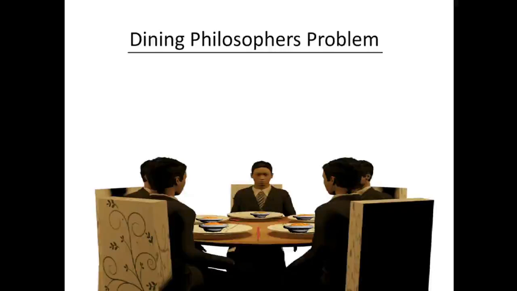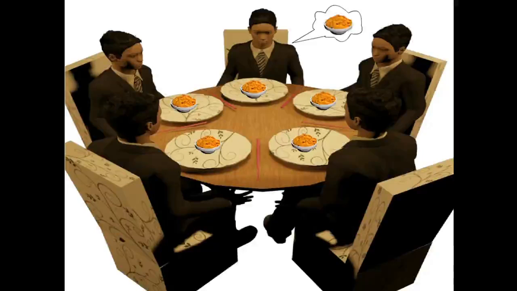This is the dining philosophers problem. 5 philosophers gather for dinner. They sit at a round table with their bowls of rice. A philosopher can either think or eat. For eating, a philosopher must have 2 chopsticks in their hand.